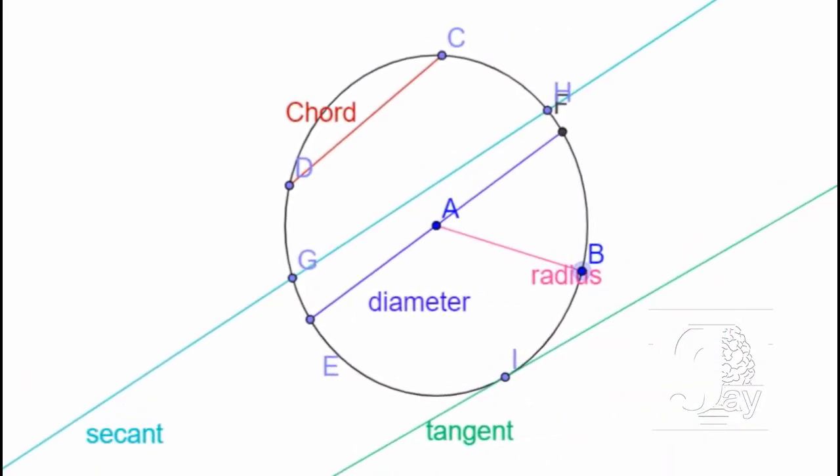So any line segment that joins 2 points on the circle, here we have C and D, is known as a chord. So CD is the chord here.